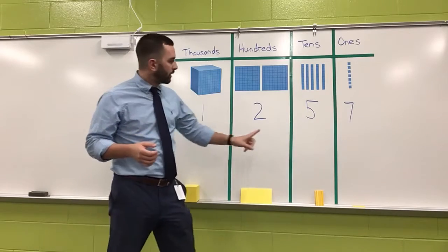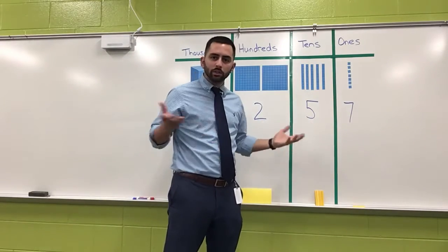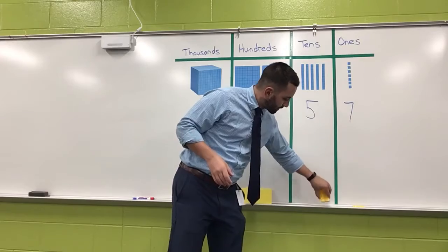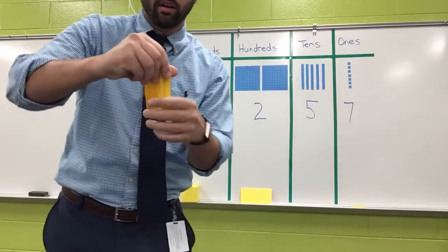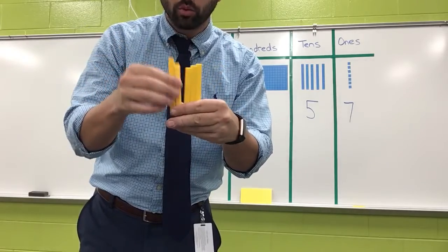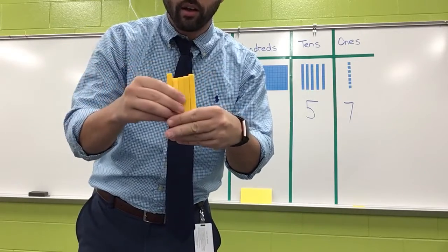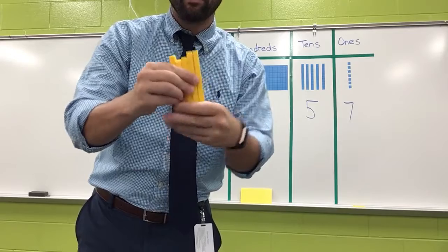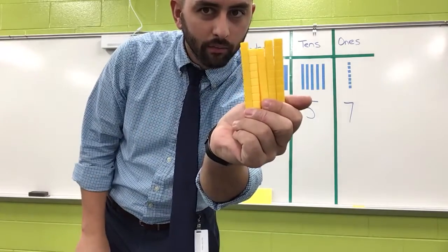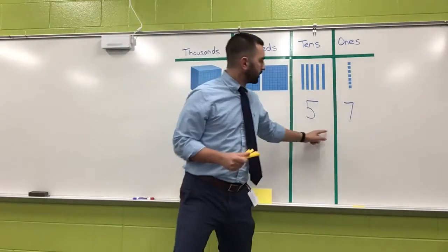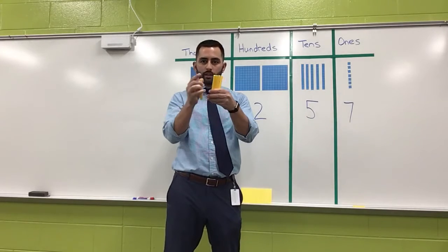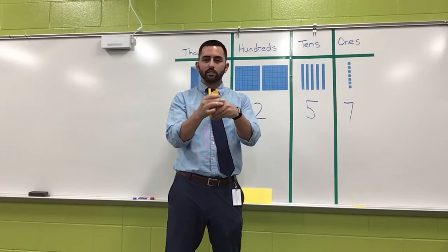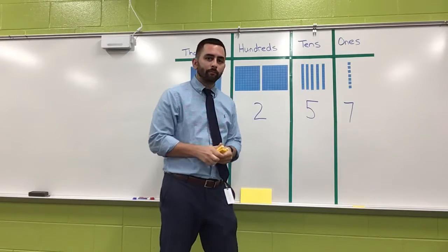Let's go to the next one. We have 5 tens. Well, what does 5 tens look like? 5 tens look something like this, okay? I have 10, 20, 30, 40, 50 of those unit cubes here. So even though 5 is smaller than 7, because it's in my tens place, that means that I have 5 tens. 1 ten, 2 tens, 3 tens, 4 tens, 5 tens, which we know is 50.